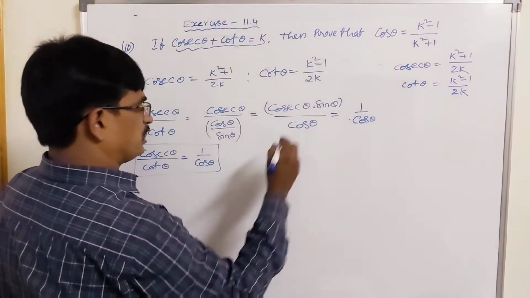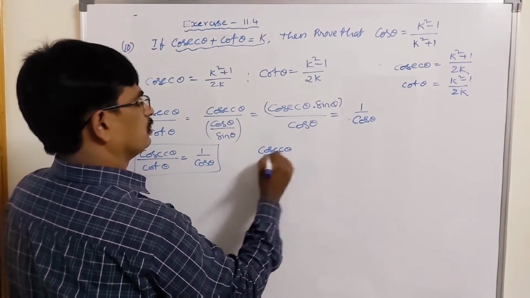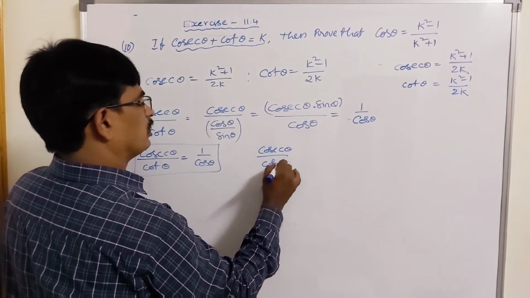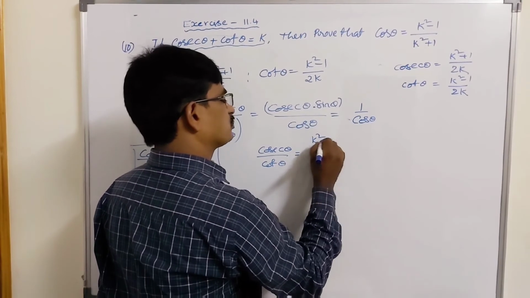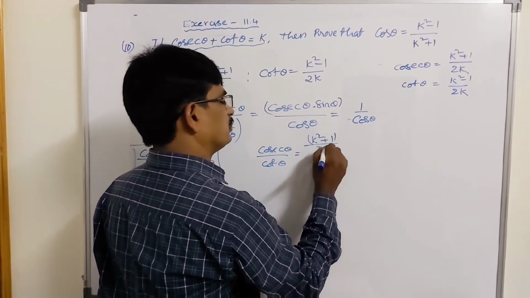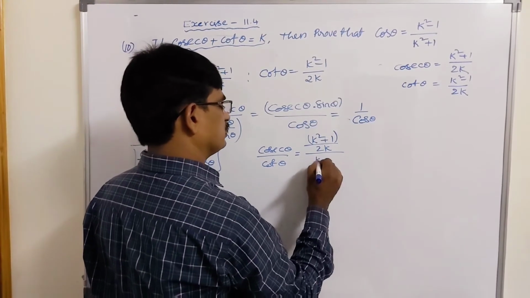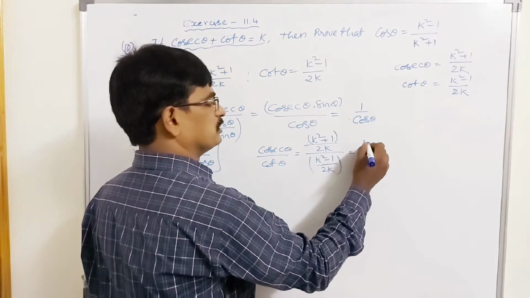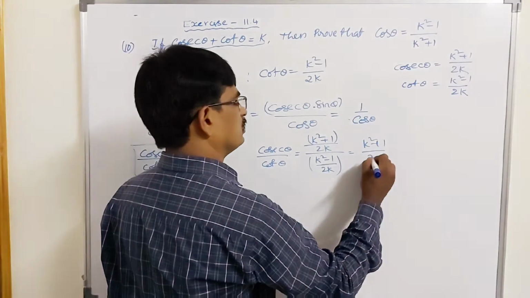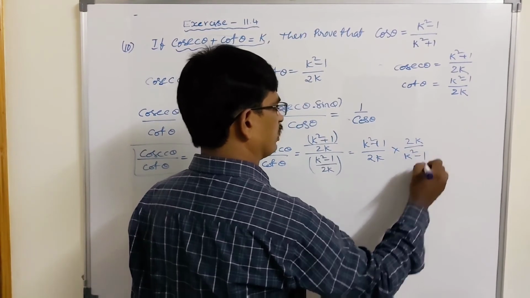So what is your cosecant theta value? Cosecant theta by cot theta is equal to cosecant theta, k square plus 1 by 2k, by cot theta, k square minus 1 by 2k. That is k square plus 1 by 2k into 2k by k square minus 1.